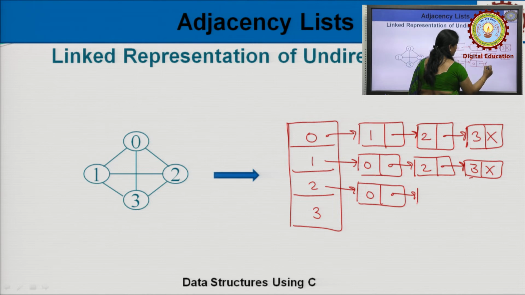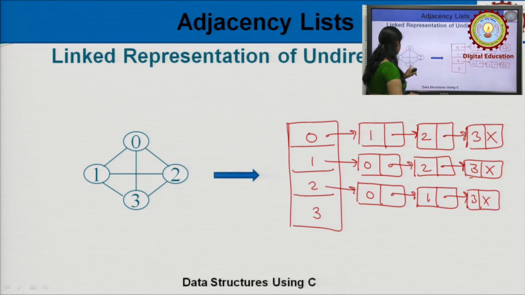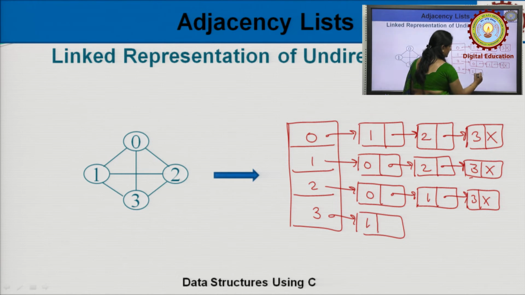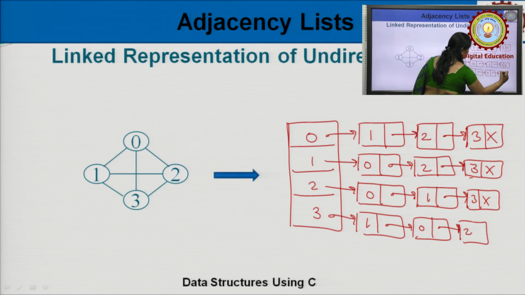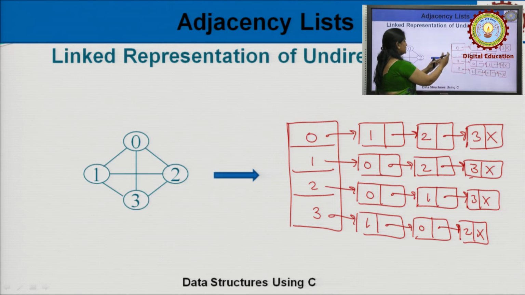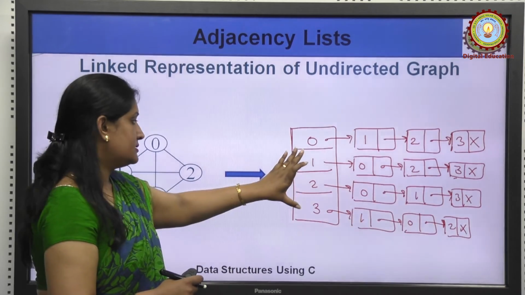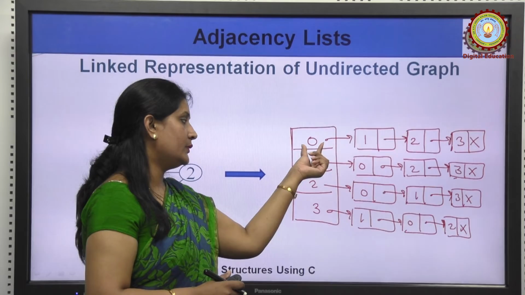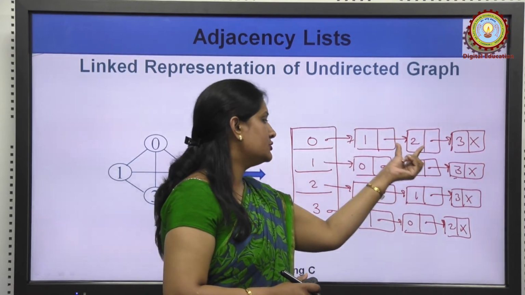Node 3 is adjacent to 1, 0, 2. So this is the adjacency list representation of the undirected graph. The size of the array is same as the number of vertices in the graph, and each entry of the array will contain the linked list of the vertices that are adjacent to that vertex.